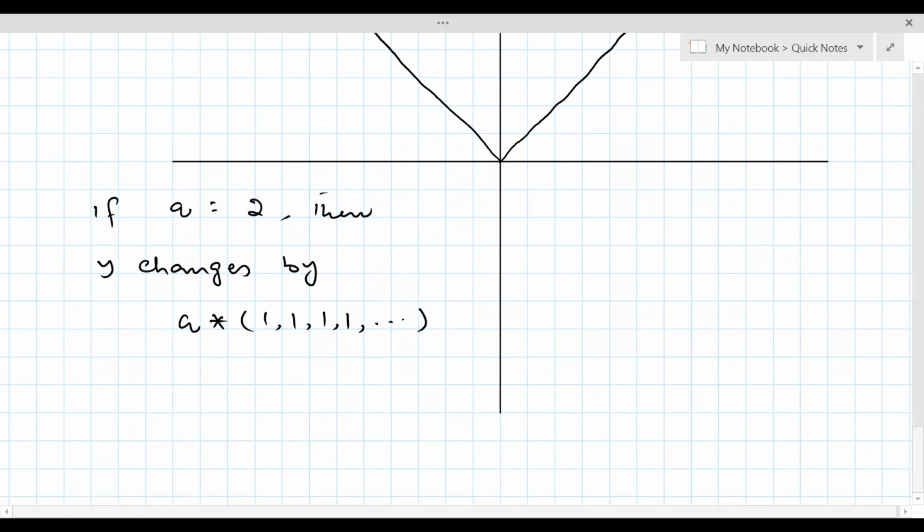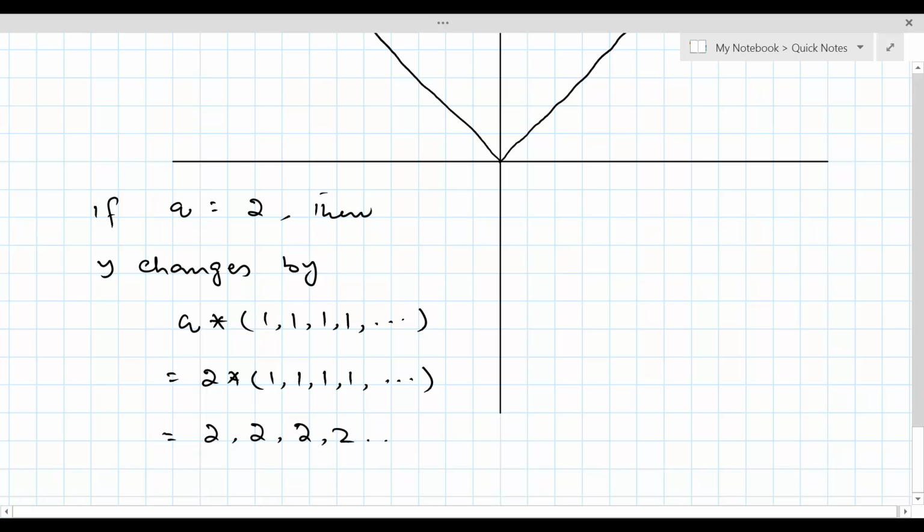So this means if a is equal to 2, this means 2 times 1, 1, 1, 1, which suggests that for every one step right, there will be 2 steps up.